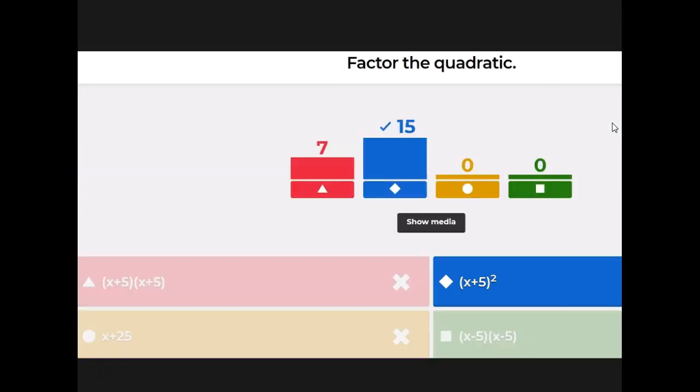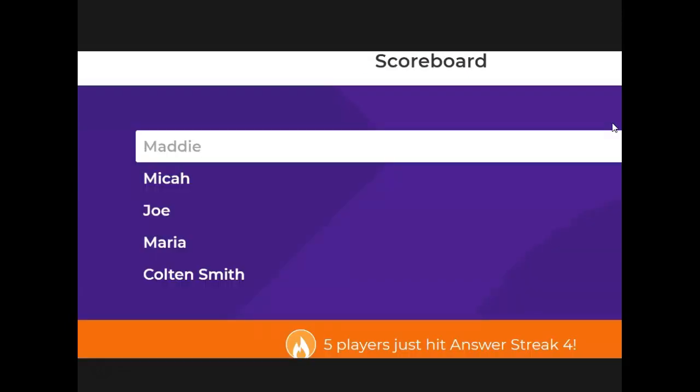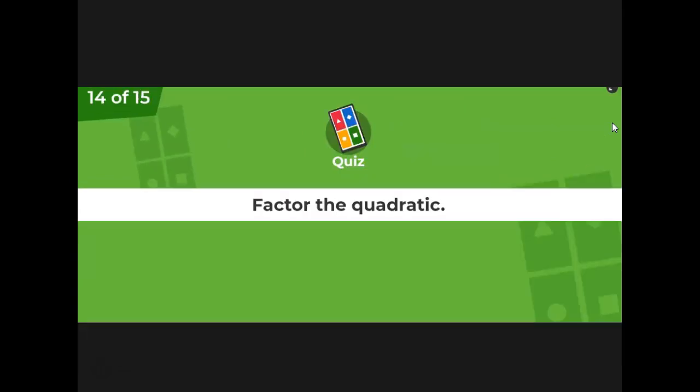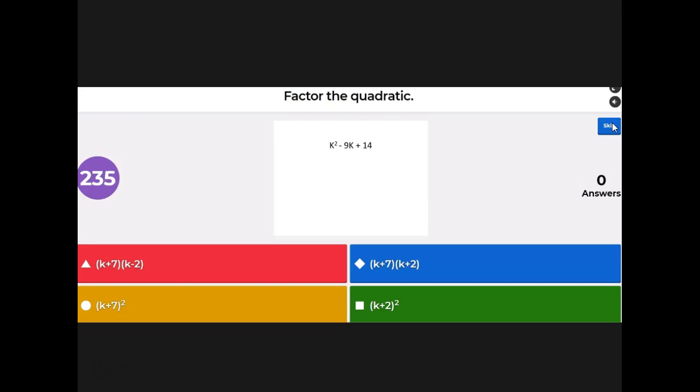Okay, why is red wrong? Red is right too. I don't know why it didn't multi-select. I selected both. Sometimes Kahoot does not like when I do that.